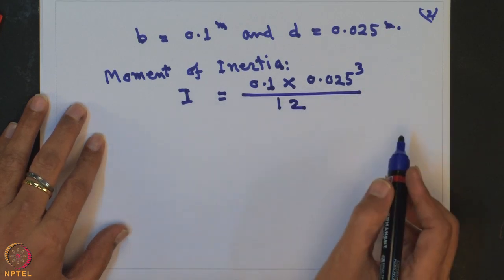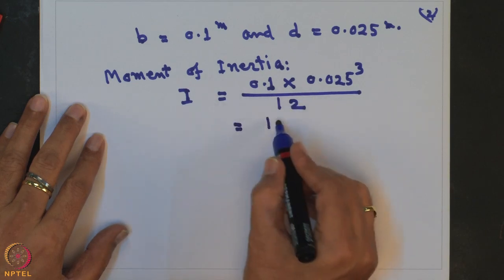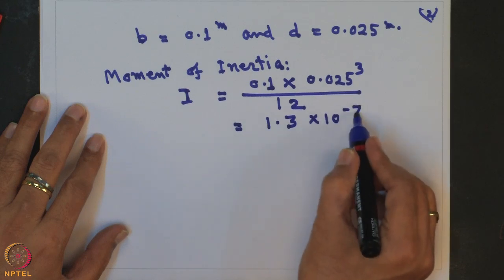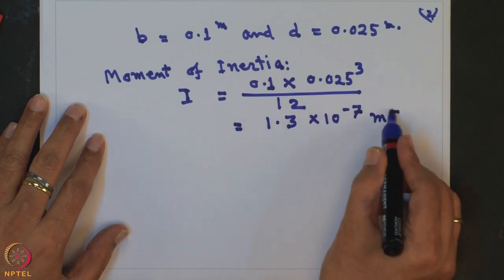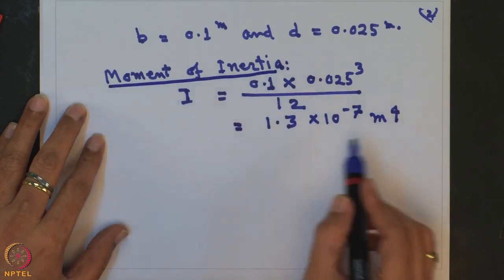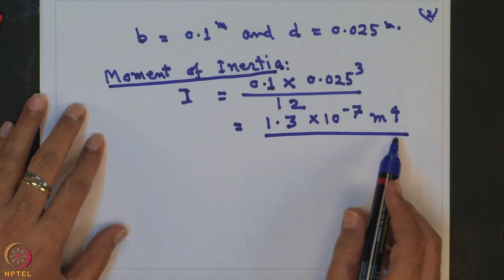If you calculate this moment of inertia, we get 1.3 into 10 to the power minus 7 meter 4.